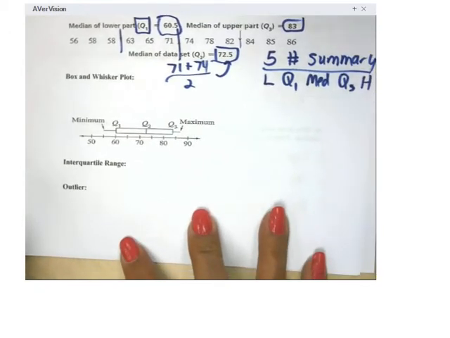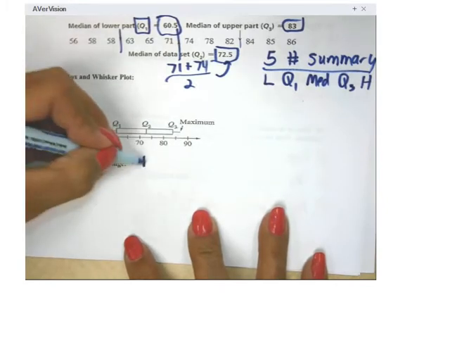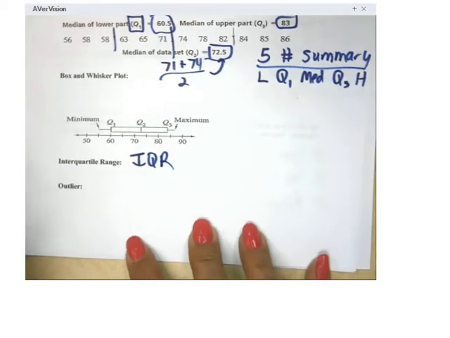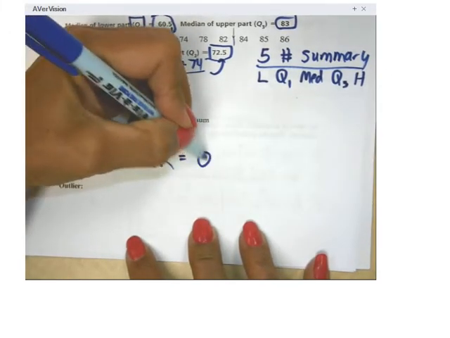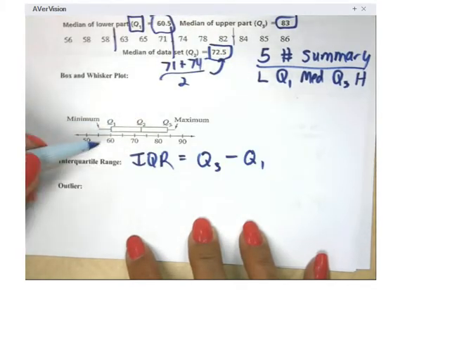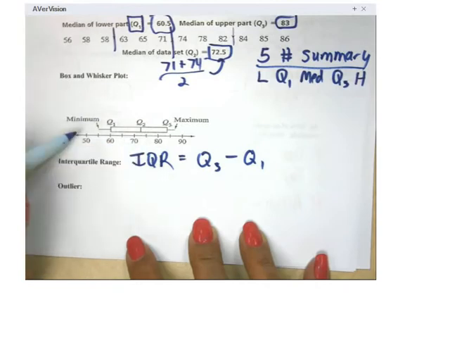Now, a couple definitions. One is, what is an interquartile range? The acronym we use for that is IQR. And interquartile range is simply how wide the box is. So it is a range. It's the range of the middle 50%.